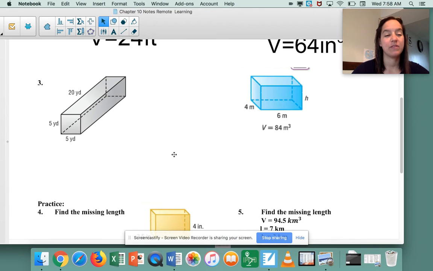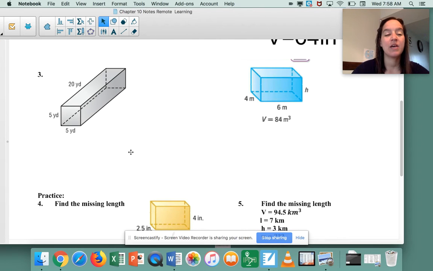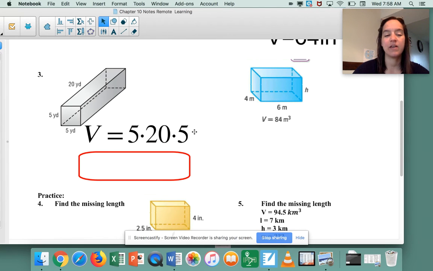Number 3 is the same as the ones up top, and we're still just doing volume equals 5 times 20 times 5. And that got me a volume of 500 yards cubed.